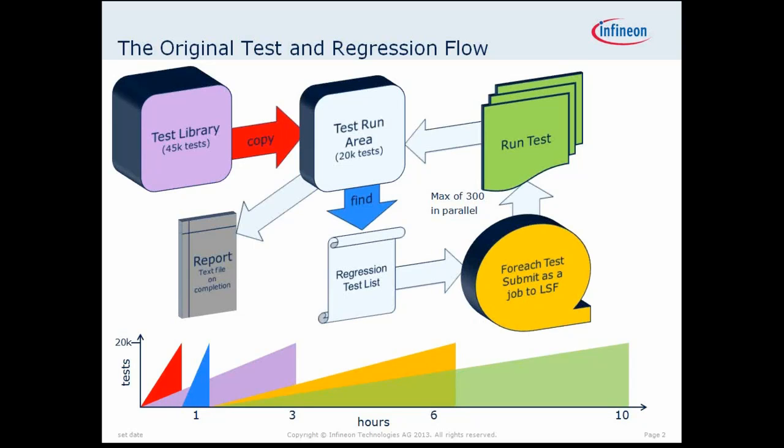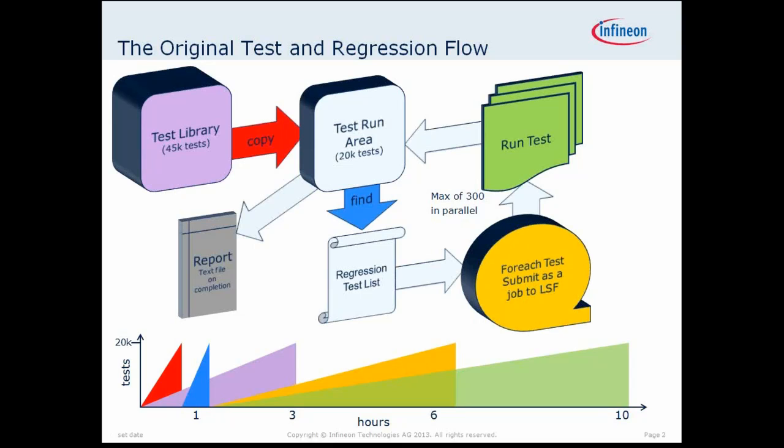Once we had our test list, we would submit these via LSF individually. Each test would be submitted as a separate LSF job. LSF is our load sharing farm facility. I'm not sure quite what LSF stands for, but that's the tool name.